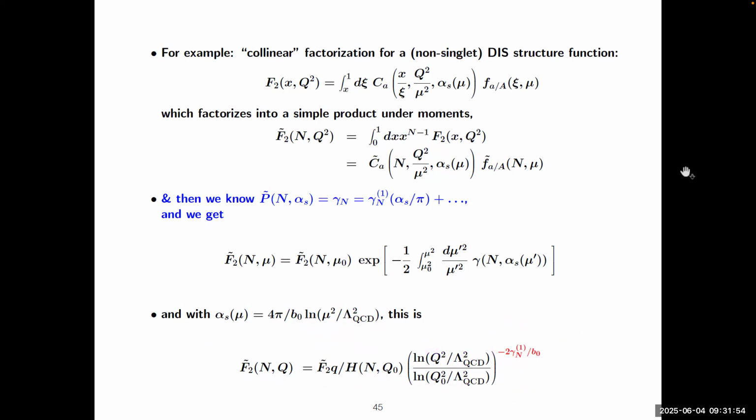And famously, this gamma n involves a log of n, and hidden in that gamma n is all the secrets of threshold resummation, which is trying to understand what happens when you go to large values of n. You look at large values of n, you can see in terms of the moments of the structure function, that you're just integrating here with x to the n minus 1.